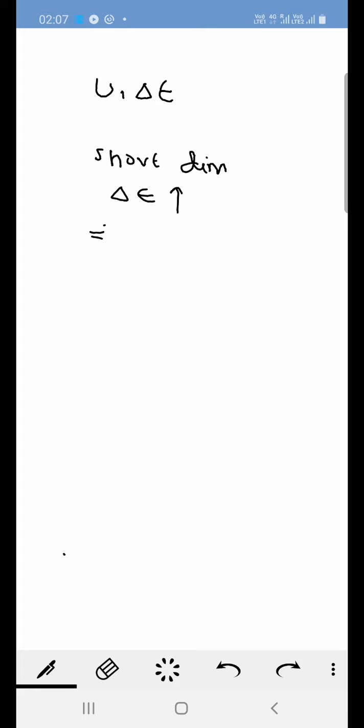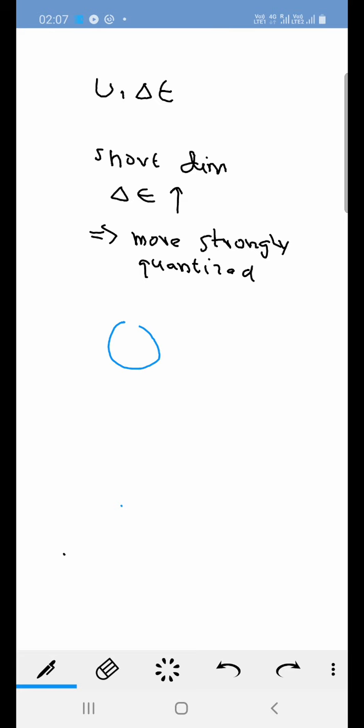It implies the island is more strongly quantized. If the island shape is like this, we have energies like this. If you reduce the island size, automatically the gaps increase.